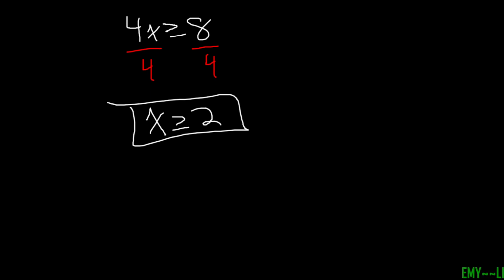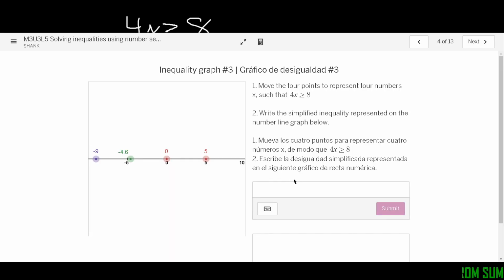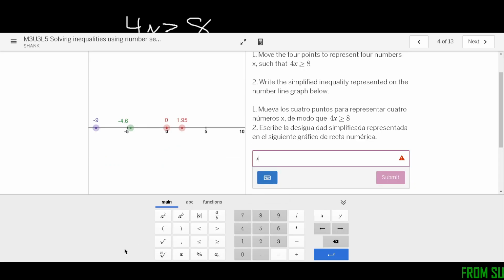So let me switch over back to this one now. So I'm going to say anything less than or equal to 2. So far, these first three are okay because they're 9, -4.6, and 0. So that works, but now I need to move it down to be less than 2. So I'm going to say x, I'm going to say the keypad, and greater than or equal to 2.